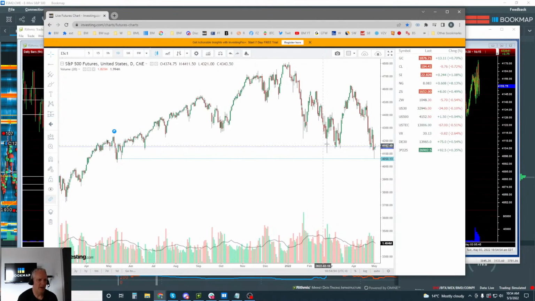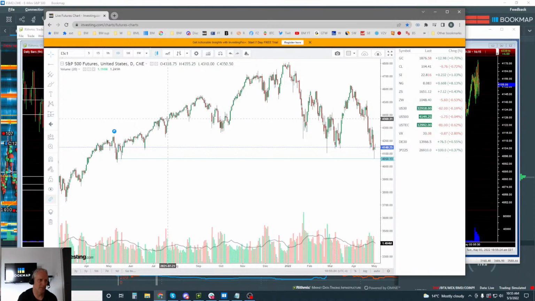Okay, now the move back up here, nice kind of grinding move, definitely bullish, there's no question about that. But look at the way that it's grinding higher. It's not like these big green candles moving away from an area. It's inching higher, inching higher, inching higher, and then boom, pullback, pretty deep pullback, and then it comes back up and breaks out here.